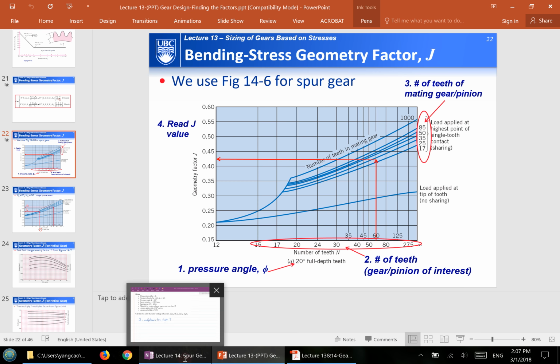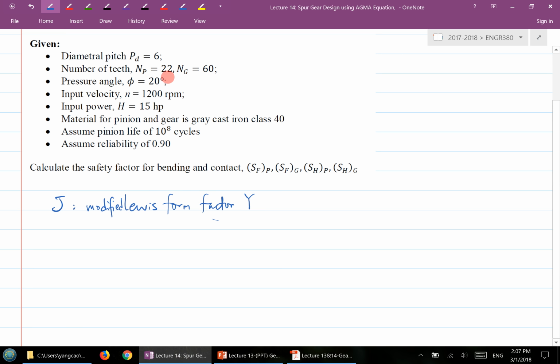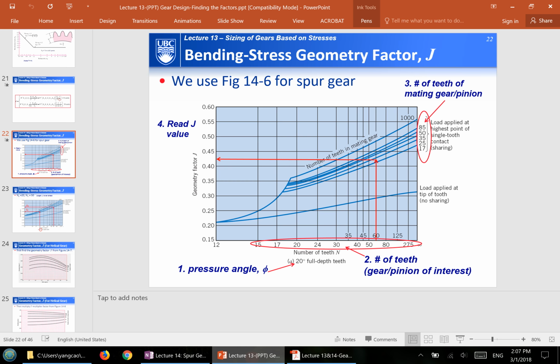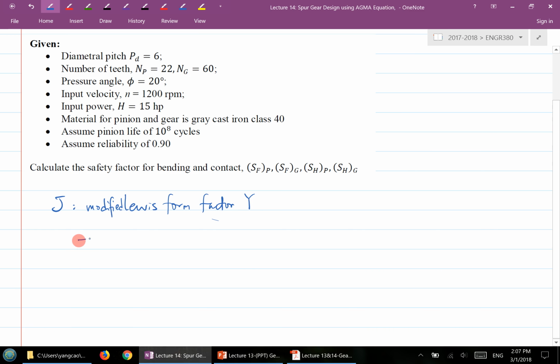In our particular case, we have a pinion with 22 teeth and a gear with 60. So I'm looking for J for the pinion first, and then J for the gear.